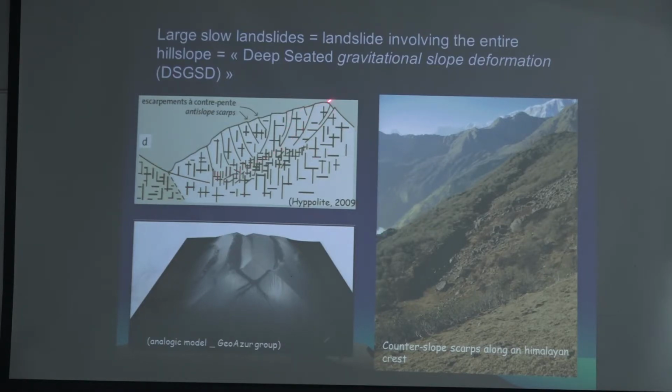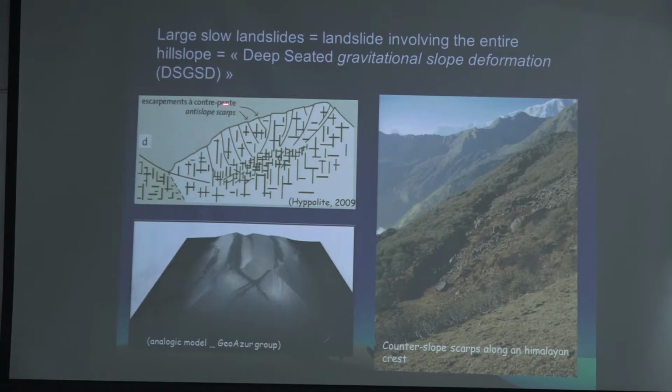This kind of slow motion is characterized by intense fracturation of the massif, and you can have several kinds of fracture. Some will be more or less parallel with the same sliding motion as the main fracture, and you can have also antithetic faults that will develop some scarp sloping opposite to the slope.